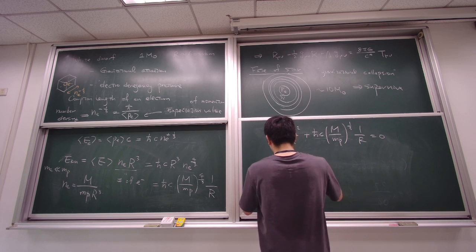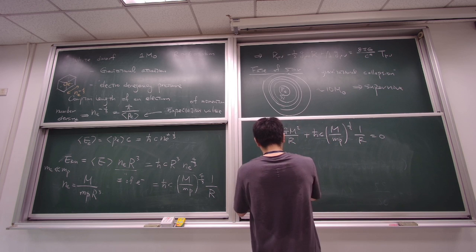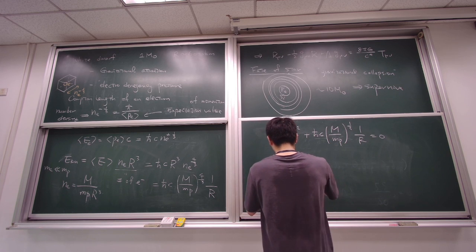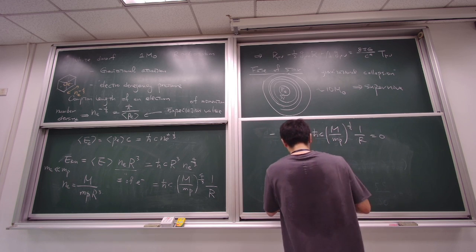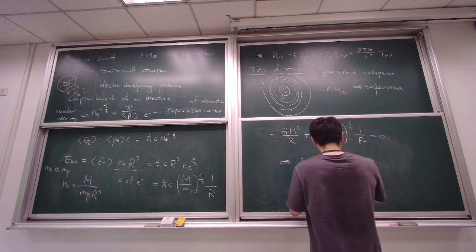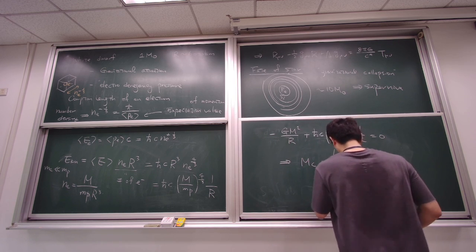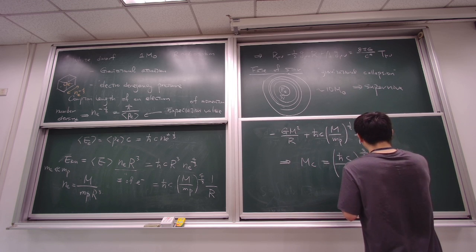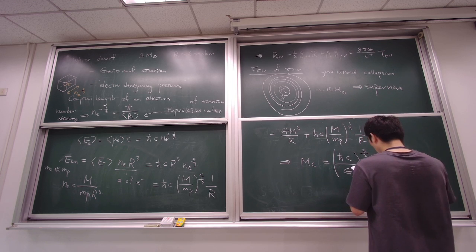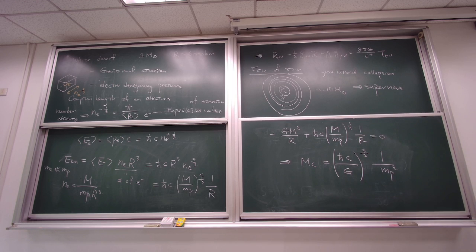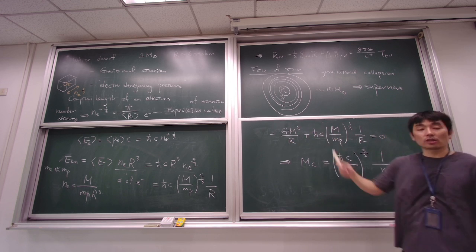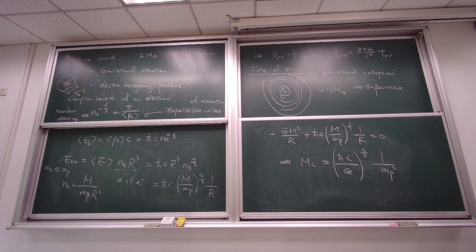From here, the maximum mass which can occur for a white dwarf is (3/2) times (h bar c over G) to the 3/2 times 1/mp squared. So that's what's really happening. You just solve for M in this equation, and what you get is this.